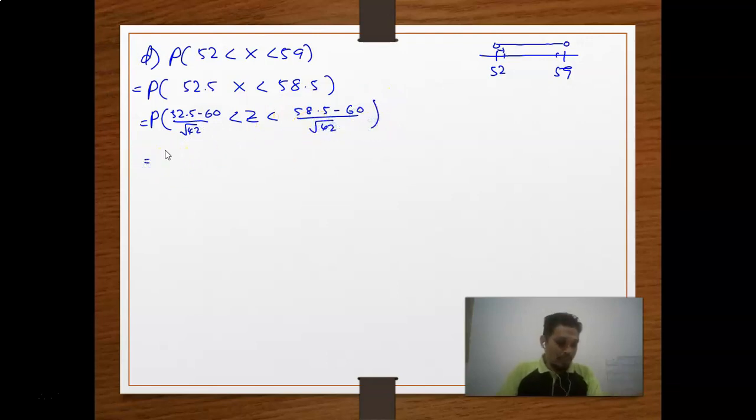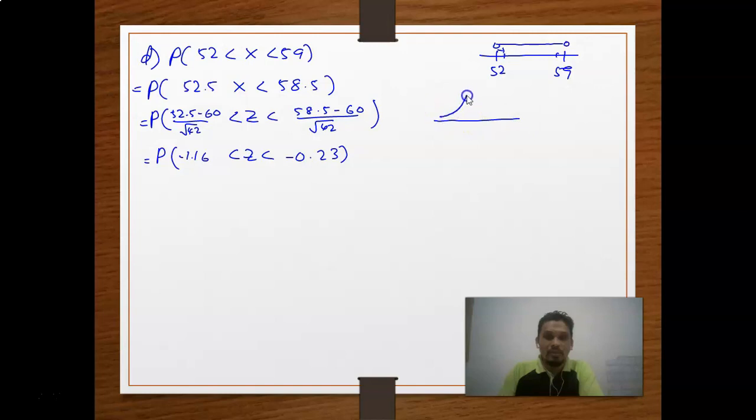And this gives you Z between negative 1.16 and negative 0.23. Both of these results are negative, so from the graph of course both are on the left side.